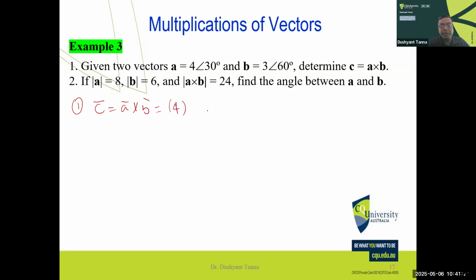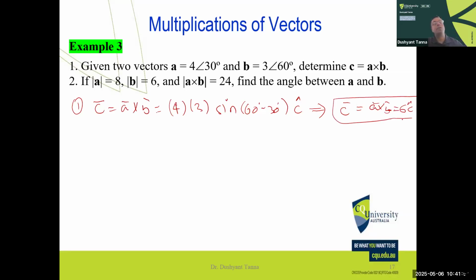So 4 times 3 sine (60 minus 30) and C cap. That leaves sine 30. Sine 30 is half. 12 times half is 6. So vector C, which is A cross B, is 6 C cap. Correct?